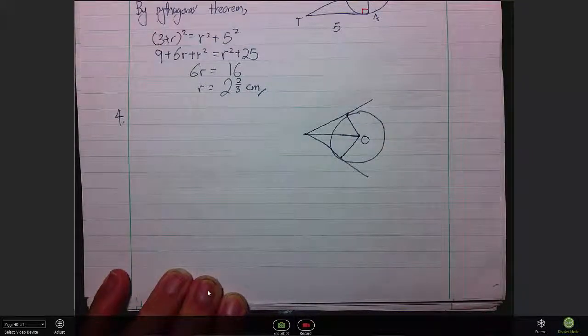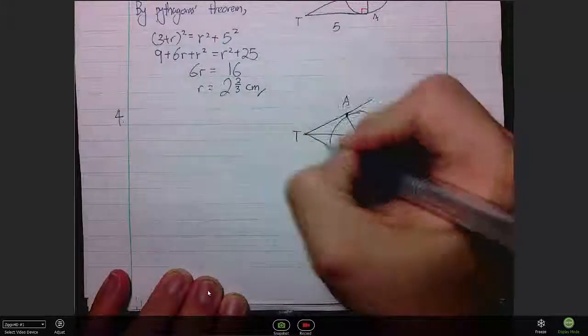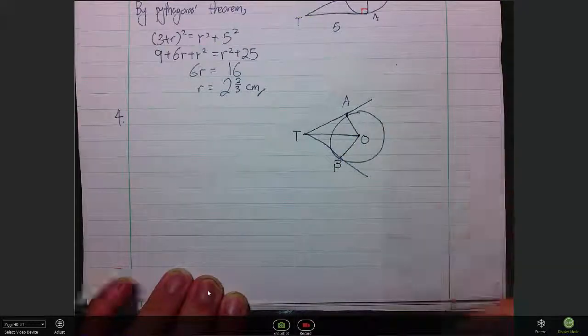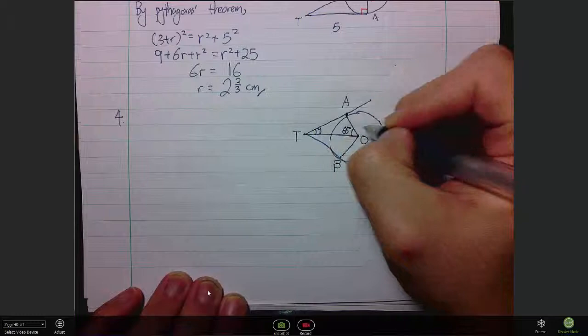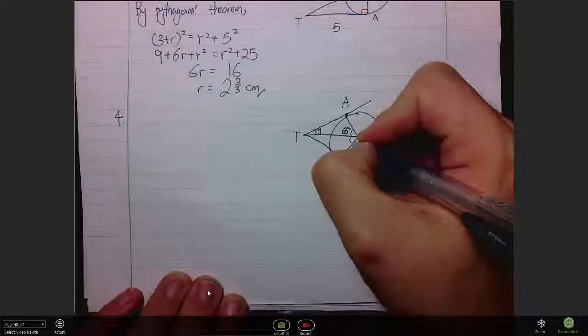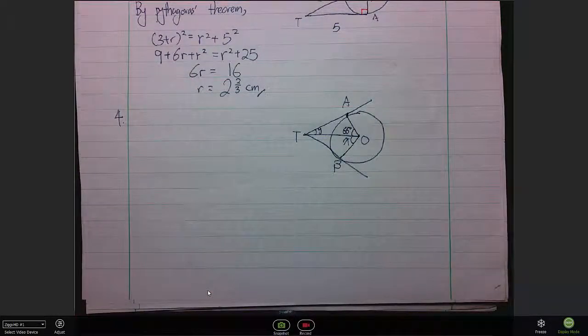We have O, A, T, B. This is Y, this is 65 degrees, and this is X. Now straight off the bat, we can find the value of X. It is quite clear that X is equal to 65 degrees as well.